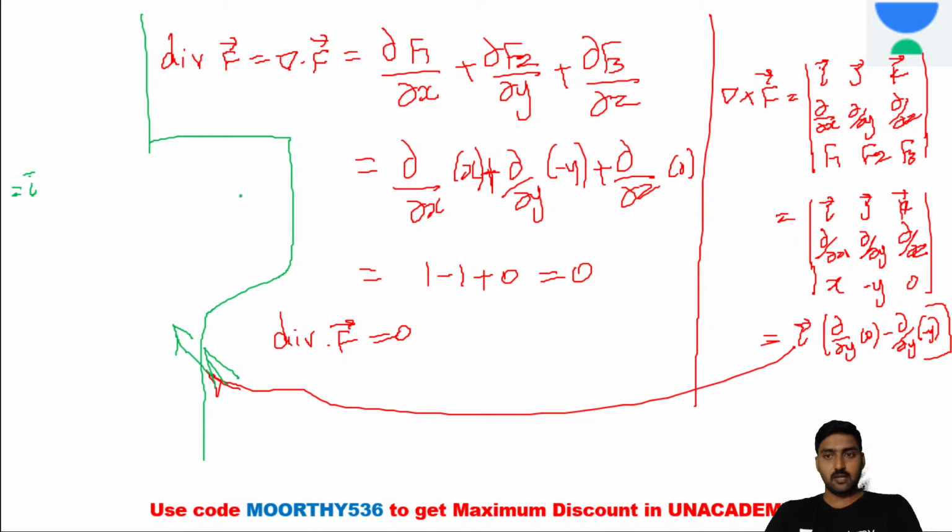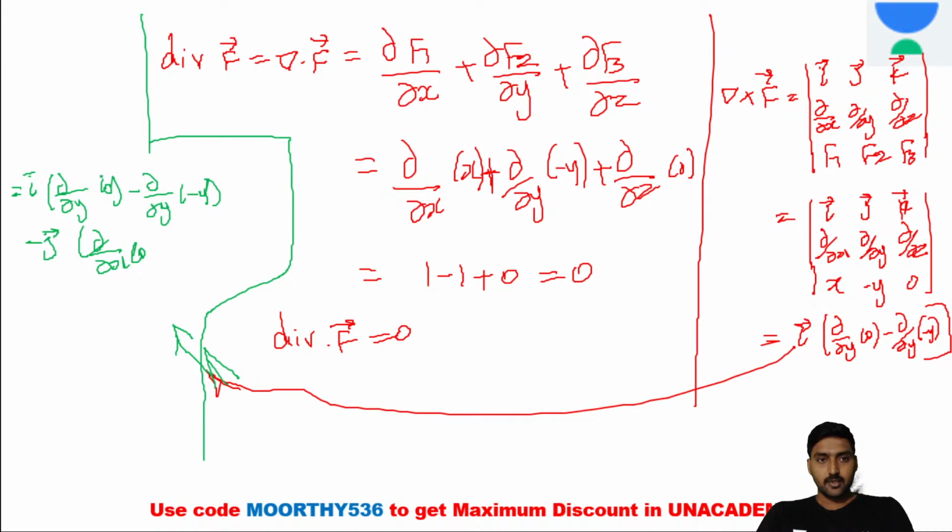It's i vector into dou by dou y of 0 minus dou by dou z of minus y, minus j vector into dou by dou x of 0 minus dou by dou z of x, which is zero, plus k vector into dou by dou x of minus y minus dou by dou y of x. It's completely a zero vector. Therefore, it's irrotational.